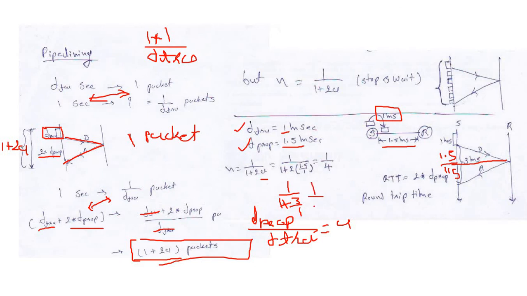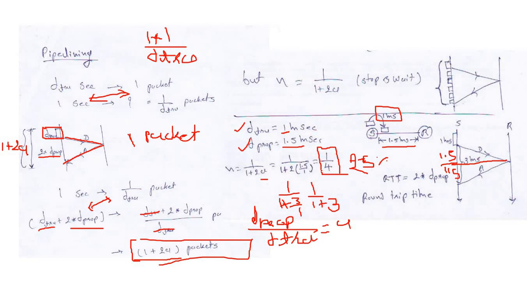So we will get 1 upon 1 plus 3. Finally 1 plus 3 is equal to 4. So we will get 1 upon 4. Efficiency of 1 upon 4 means 25% efficiency. Out of 4 seconds, we are able to send 1 packet only.